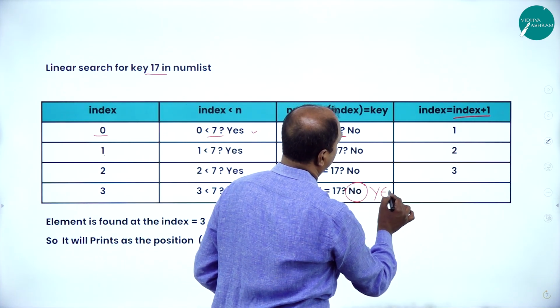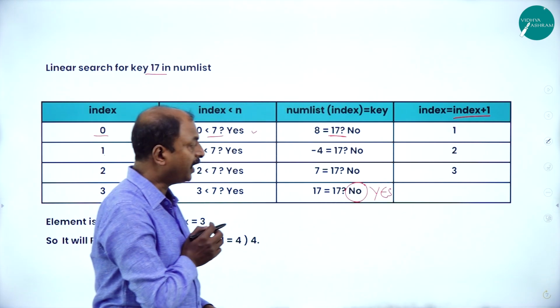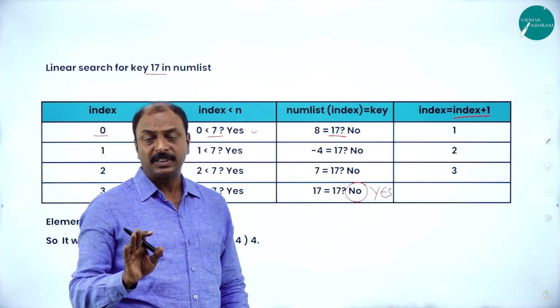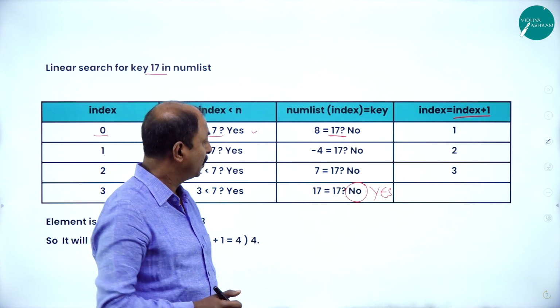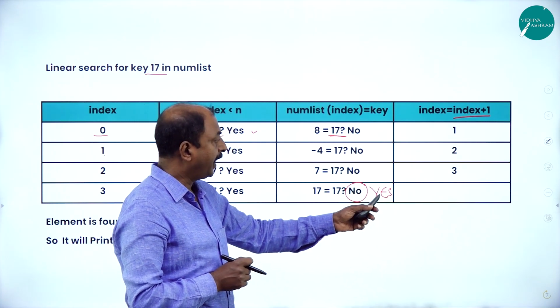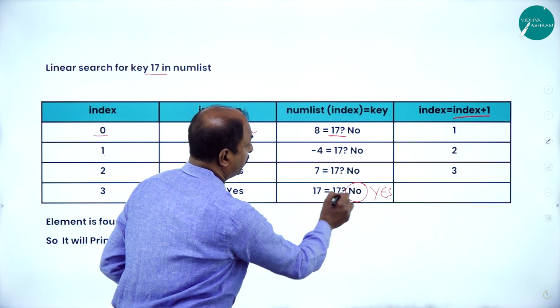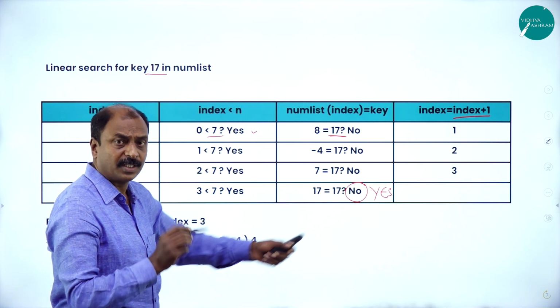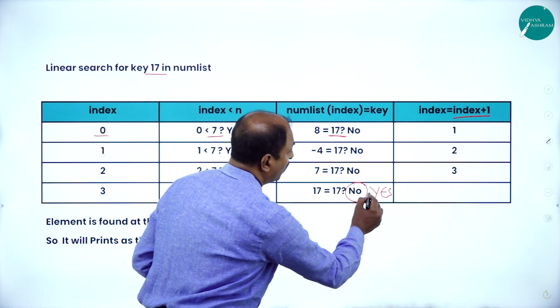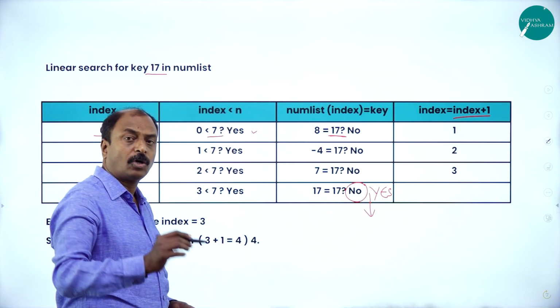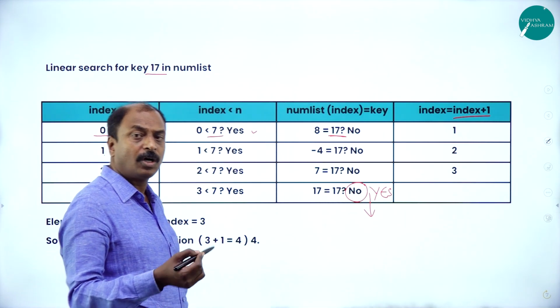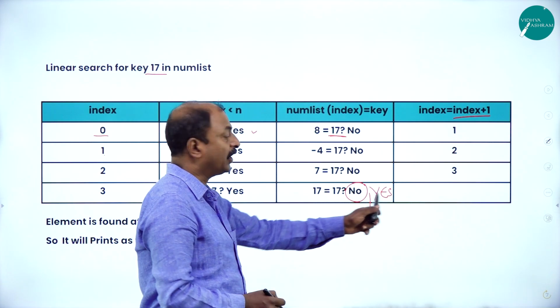It is yes. In that case, we stop searching for the elements further. We will stop at this point and make a note of the index. Here 17 equals 17, it is true, so we will not continue further. We stop processing the elements hereafter.